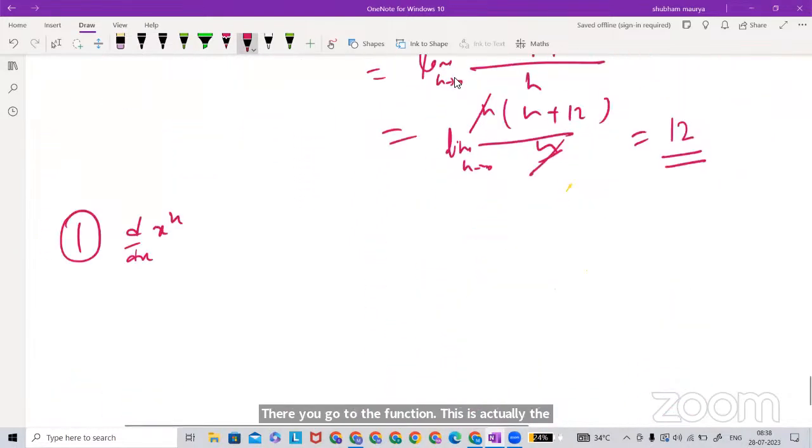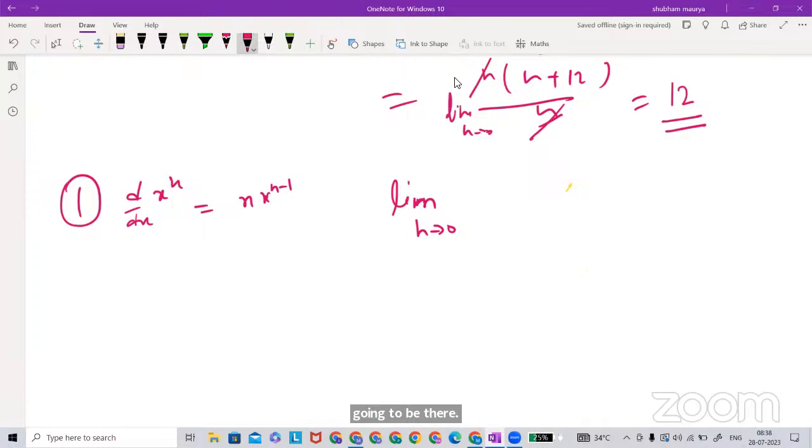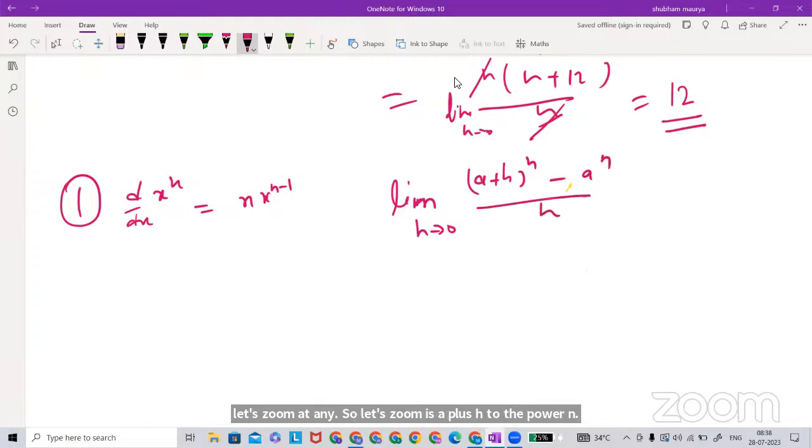If we want to differentiate a function with respect to x, we use the same derivative definition with h going to 0: for a function a to the power n, it is a plus h to the power n minus a to the power n upon h.